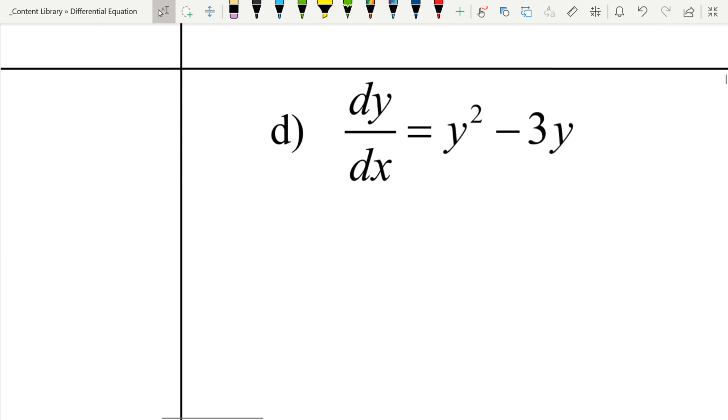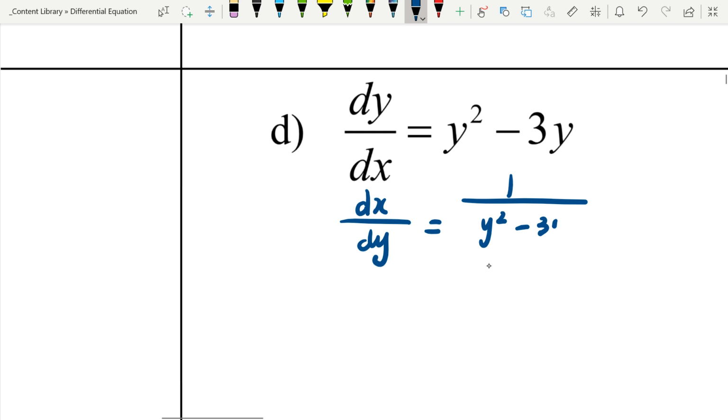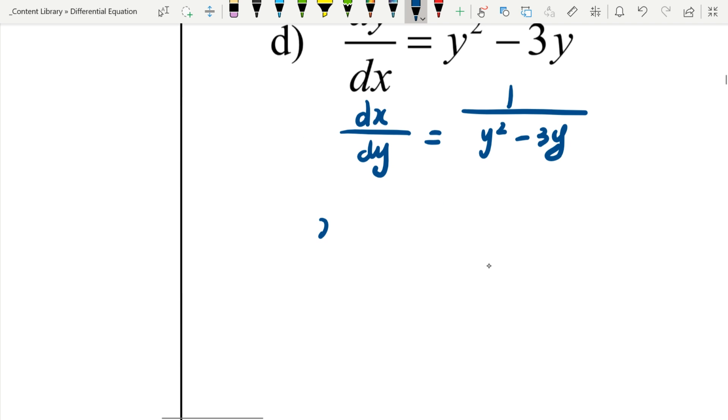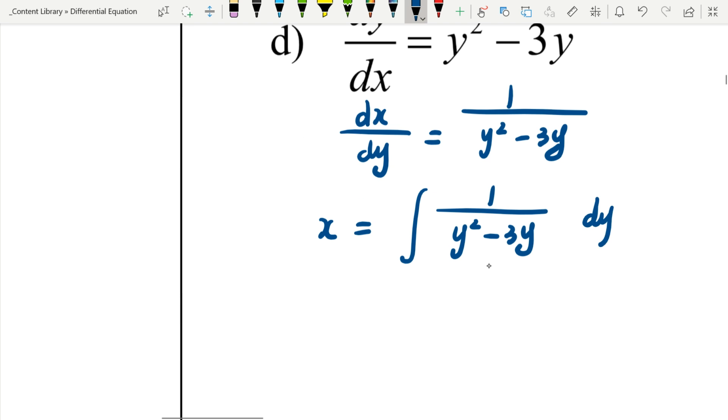Okay, what's the first step we should do for this one? Flip it. So dx over dy equals 1 over y squared minus 3y, and x will equal the antiderivative of 1 over y squared minus 3y dy. What should I do here?